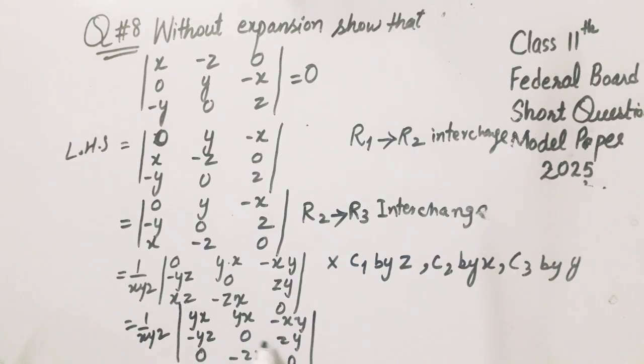Now you can add or subtract C1 and C2; here C1 plus C2 has been applied.